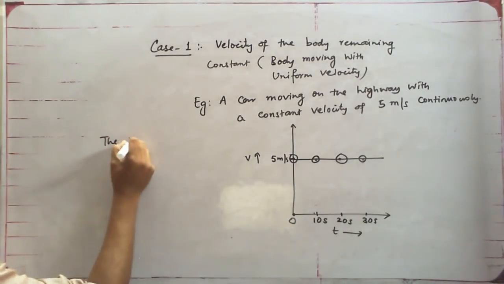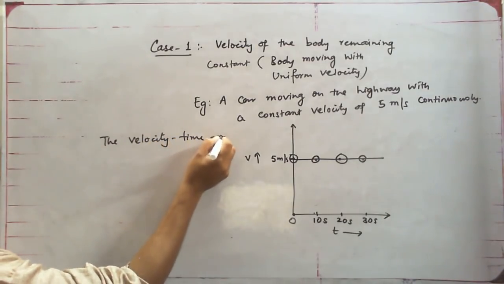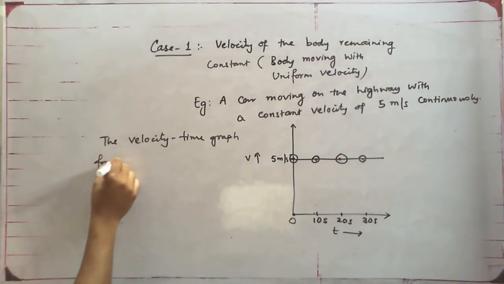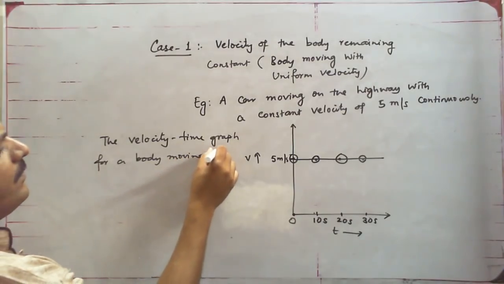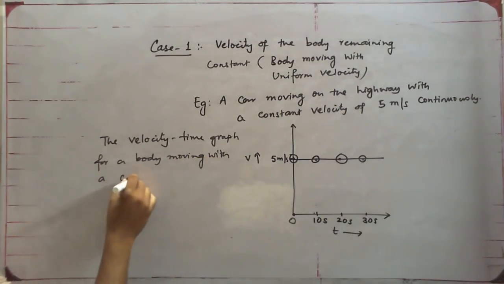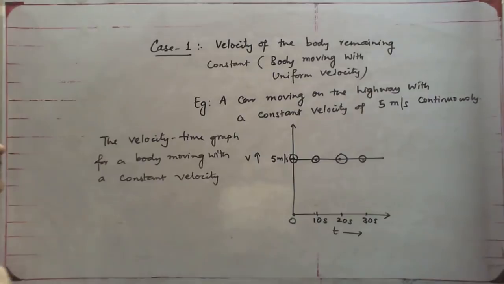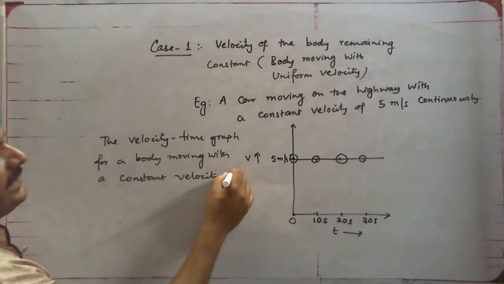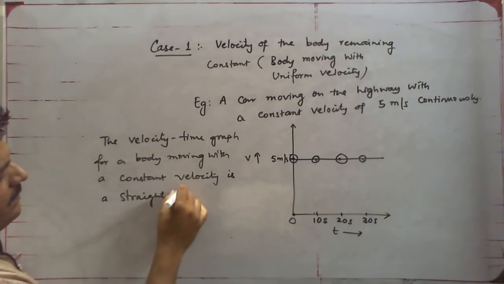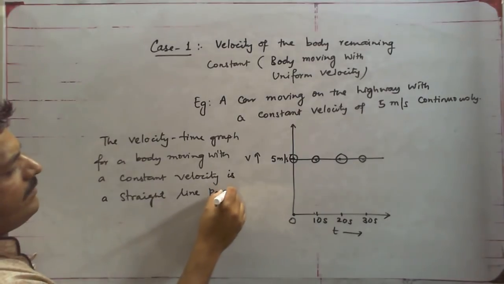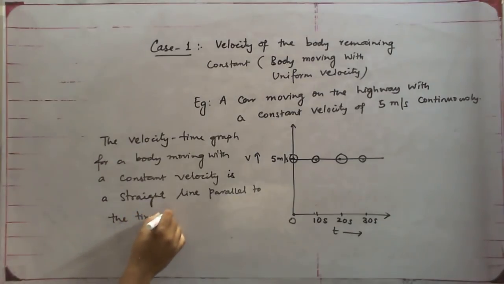So the velocity time graph for a body moving with a constant velocity is a straight line parallel to the time axis.